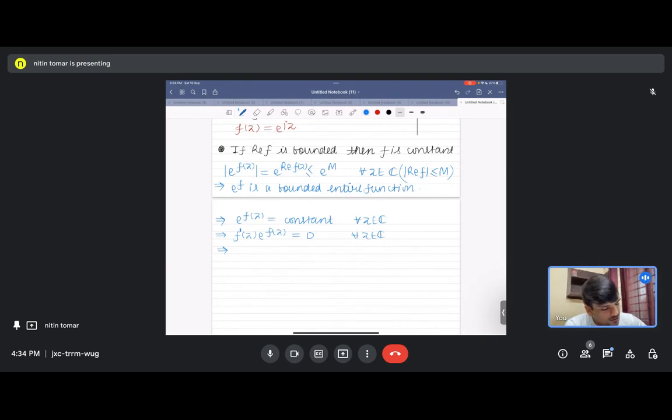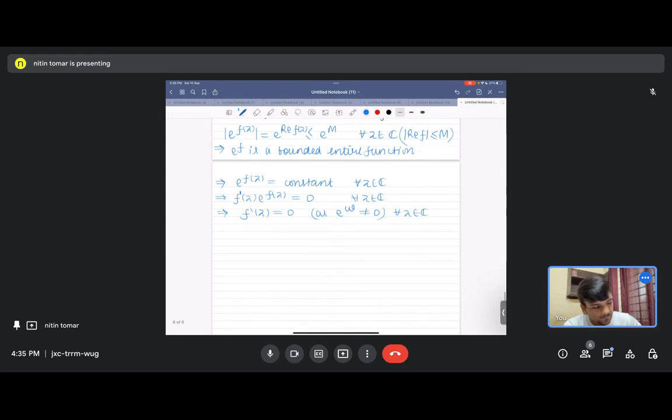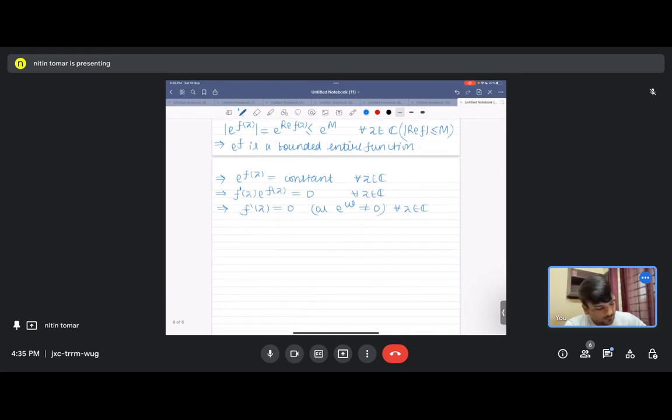Now this exponential is never 0. So what does it imply? f'(z) is 0, as e^w is never 0. So is this fine up until now? Now the derivative of an entire function is 0. What does it mean? That f has to be constant.